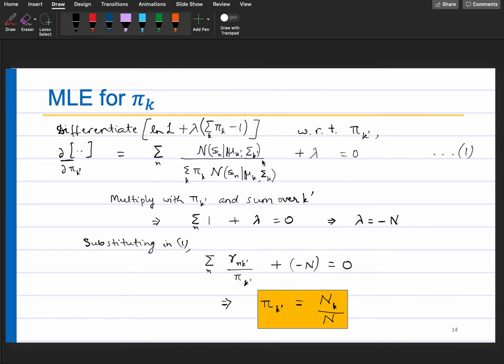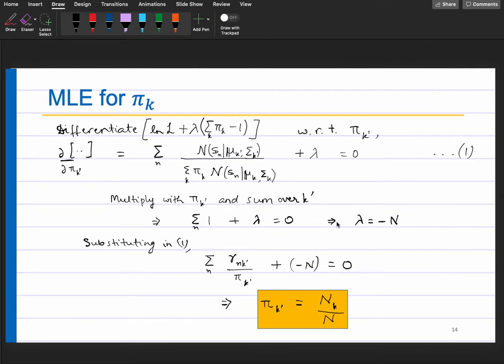So what do you get? If I multiply this with pi k dash and sum over k dash, this becomes 1, because I know my pi k dash summation over k dash should lead to 1, right? And then for this term, if you take pi k dash and sum over all the k's, the numerator and denominator will simply cancel and you will get a sum only over 1, right?